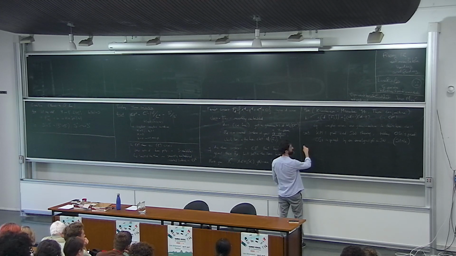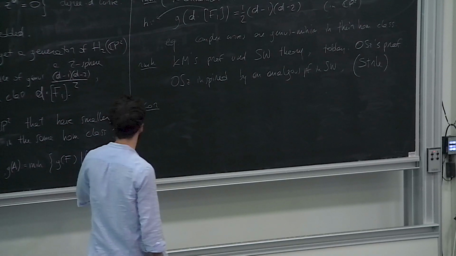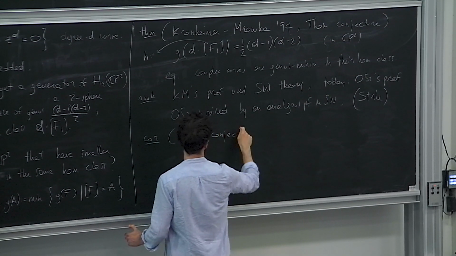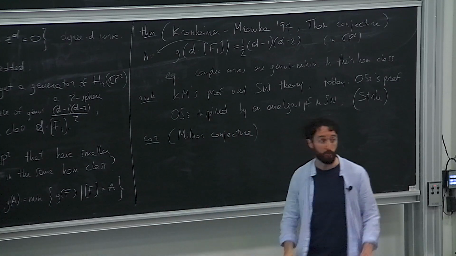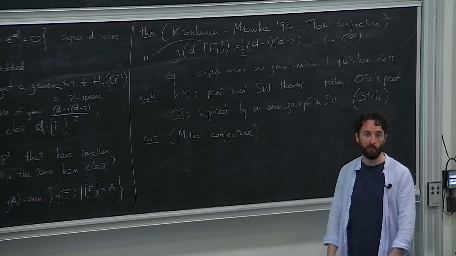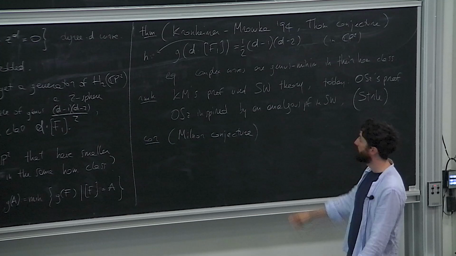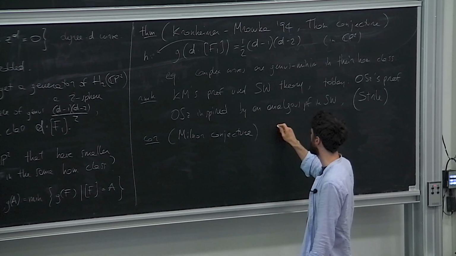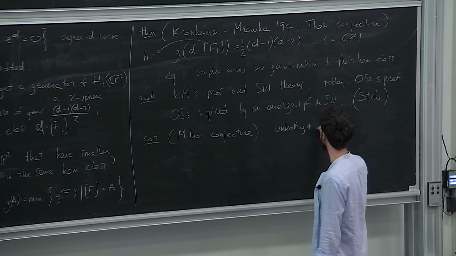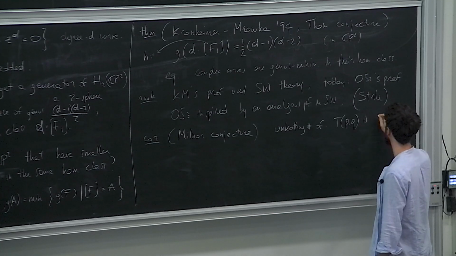And let me just point out a corollary to the theorem. The corollary is the Milnor conjecture. If you don't care about surfaces in four-manifolds, which you should care, but if you only care about knots, for instance, you have the unknotting problem for knots, and you can ask, well, if I give you a knot, what is the unknotting number? And the corollary of this fact is that the unknotting number of the torus knot T_{p,q} is what you expect it to be.